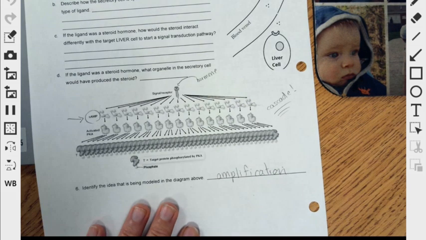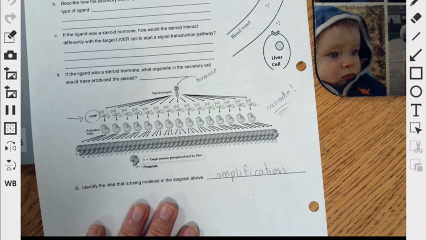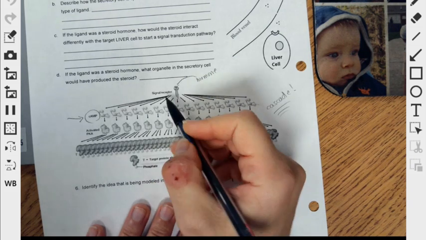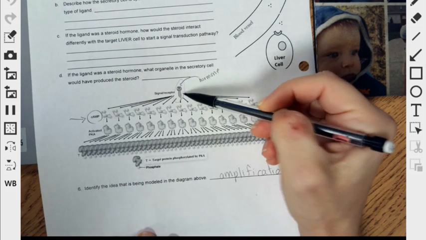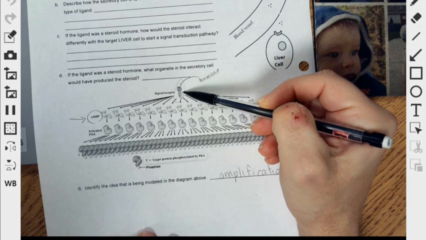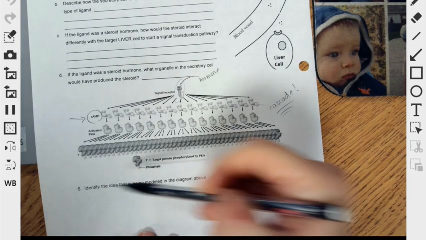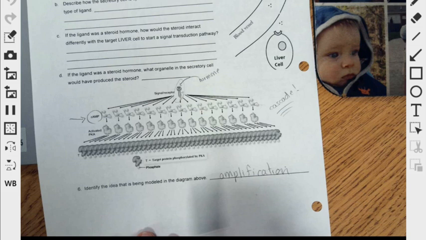The signal becomes amplified when one molecule activates many in the signal transduction process. So that's like an amplifier. It takes a guitar and makes the sound big. This one little step can lead to the growing of the signal, or the amplification of the signal, so it spreads very, very quickly if one can activate several.